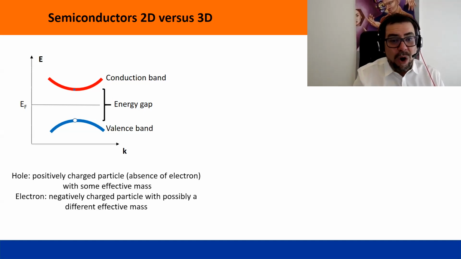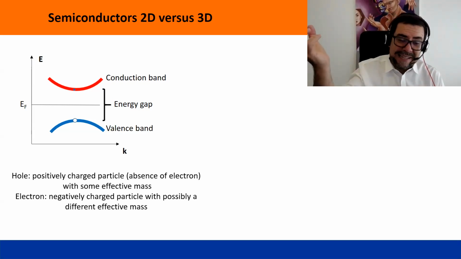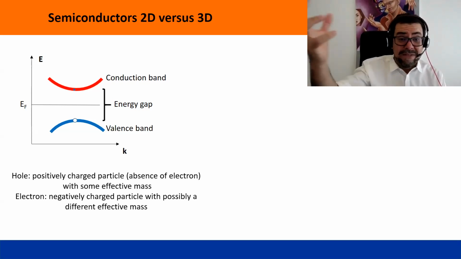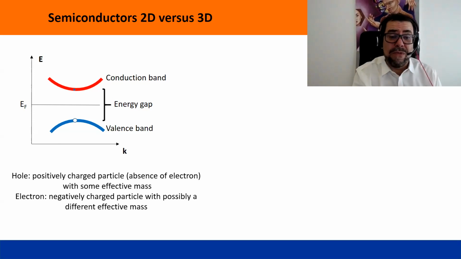A hole is an absence of an electron, and being the absence of something that was neutral, and given that the electron has negative charge, the hole has positive charge relative to the electron. And traditionally, we assign effective masses to these electrons and holes. Just like in the Sommerfeld model, we think of them as free particles that can move around.